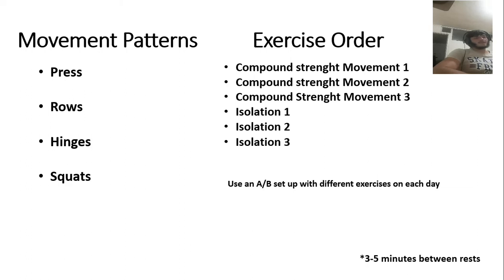In either case, I recommend you have an A-B setup with different exercises on each day. The reason for that is to change the stimuli slightly and to not pack a whole lot of stuff into a given session, which can happen if you are doing the exact same thing every single workout. So with an A-B setup, you get enough variation as a novice, but once you're past the intermediate stage, this is one of those factors that will change.